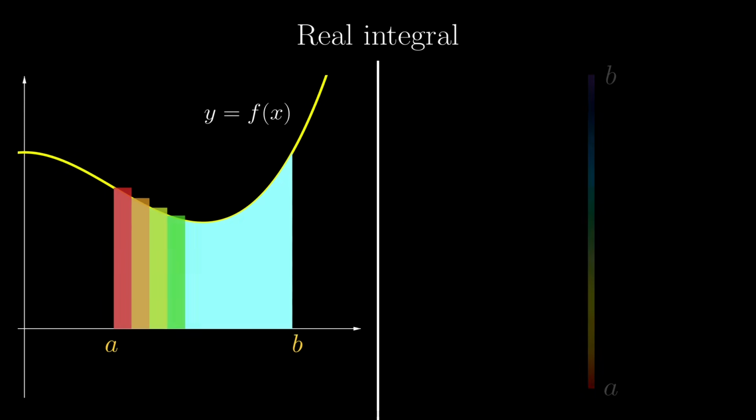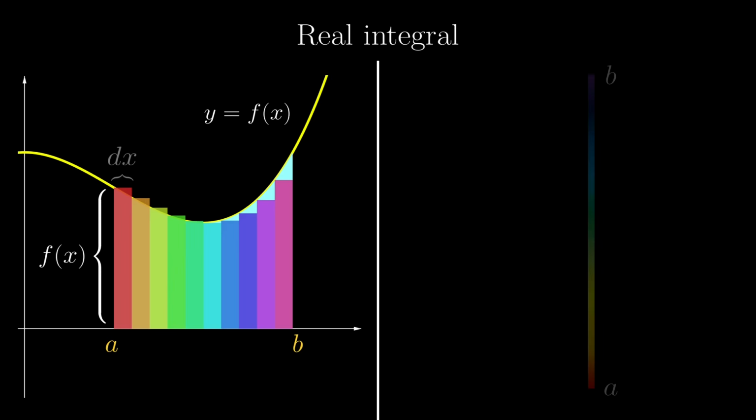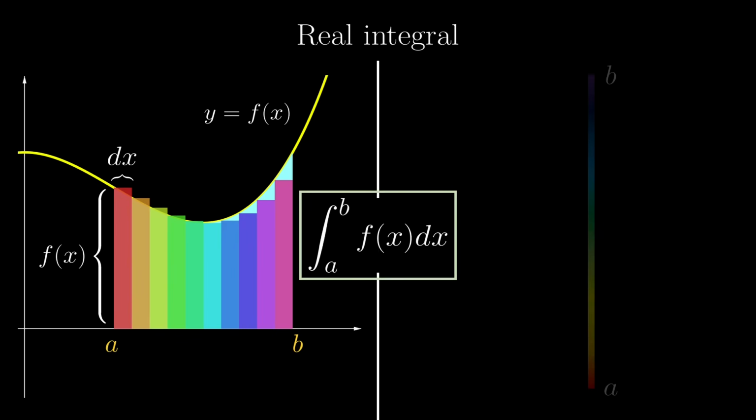It can be thought of as a sum of lots of components. Here, they are areas of rectangular strips. The height is f of x, the function value at that point, and the width is a small increment in x, say dx. So the integral here is just summing up all these f of x dx.